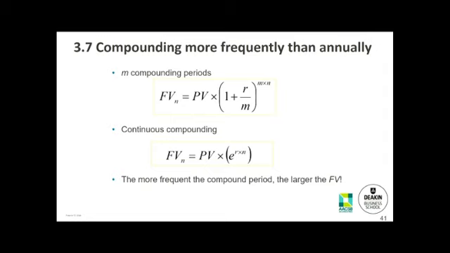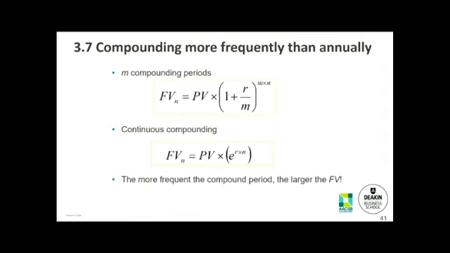So 10% divided by 2, 5%, to the power of M times N. N is always number of years. 1 year, am I right? M is 2. So in my example, it will be $100 times 1 plus annual interest rate 10% divided by M, which is equal to 2, to the power of 2 times 1, which is 2.